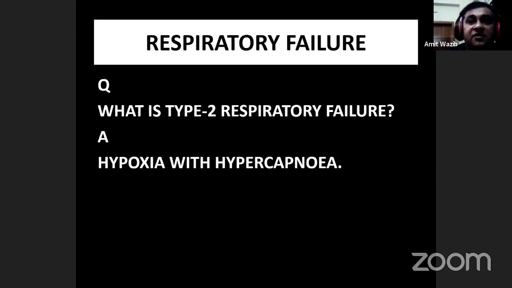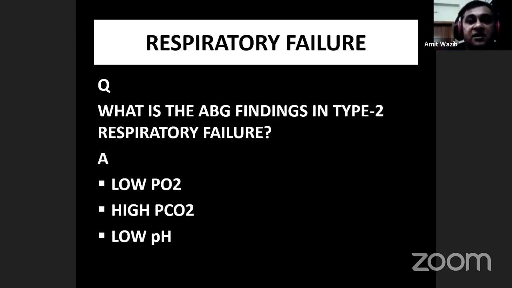So I have already said type 2 respiratory failure means hypoxia with hypercapnia. In arterial blood gas, you will find low partial pressure of oxygen and high carbon dioxide, this is hypercapnia, and because of high carbon dioxide, there will be acidosis, which is called respiratory acidosis.